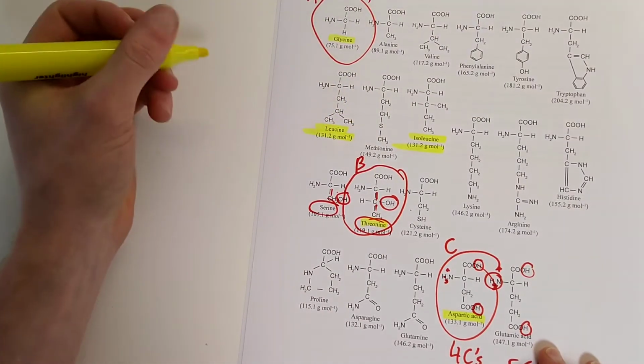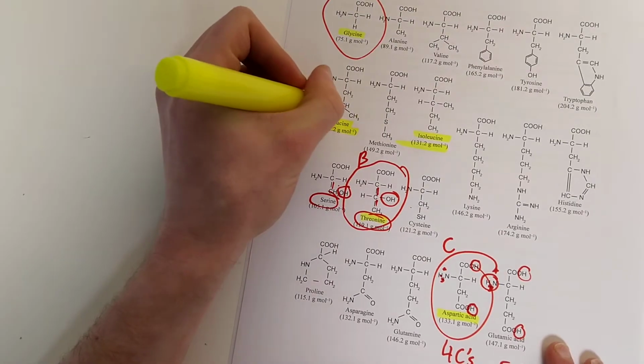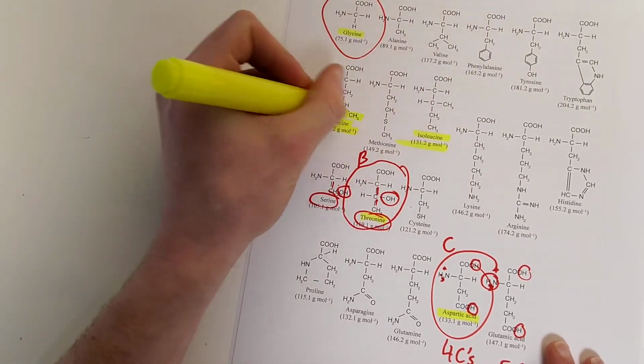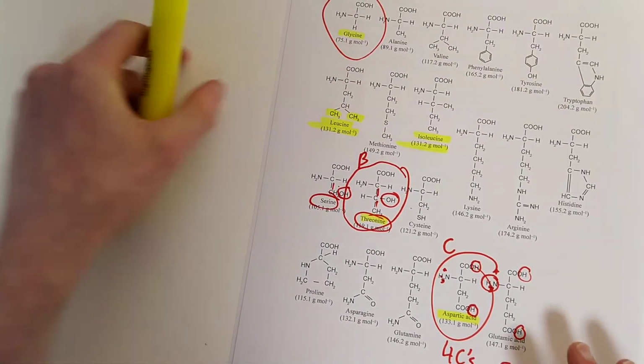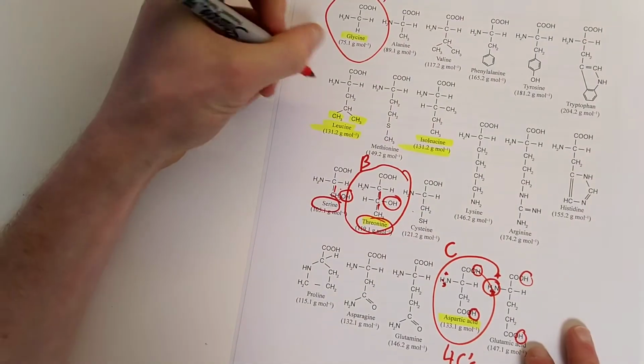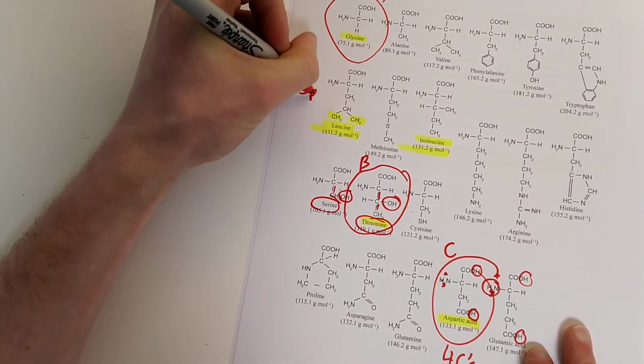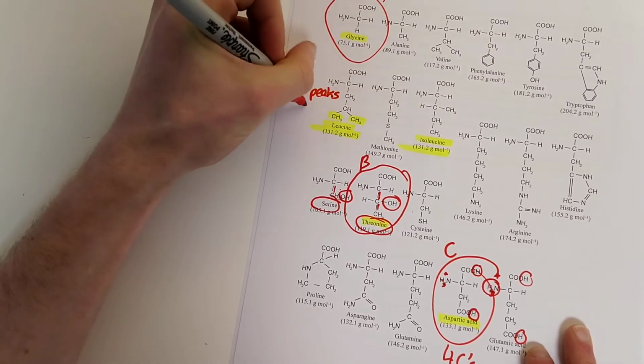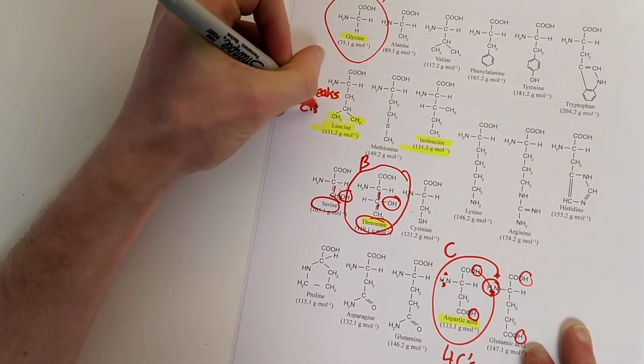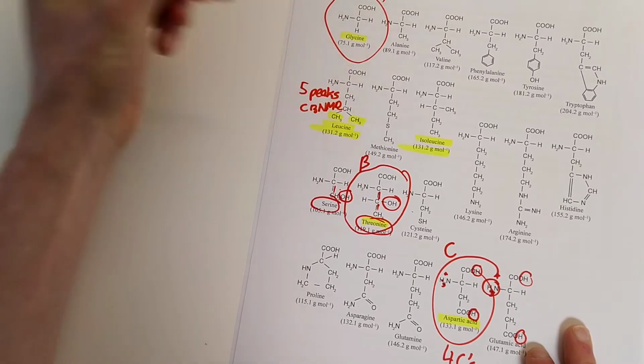Okay, it has 6 carbons. But these 2 carbons here are in identical carbon environments. So leucine should only produce 5 peaks on a C13 NMR.